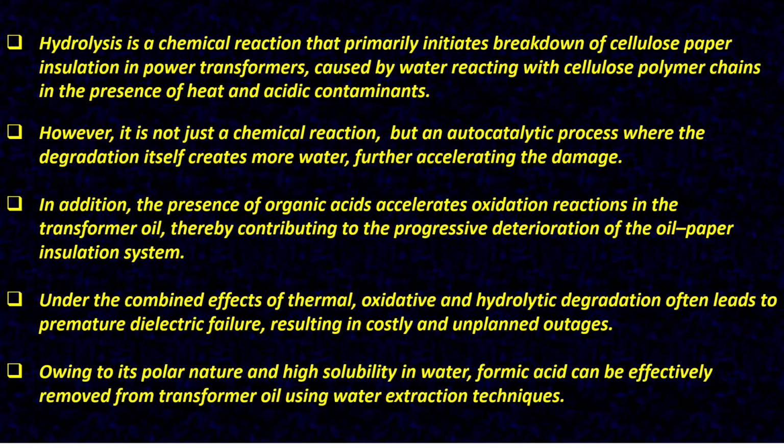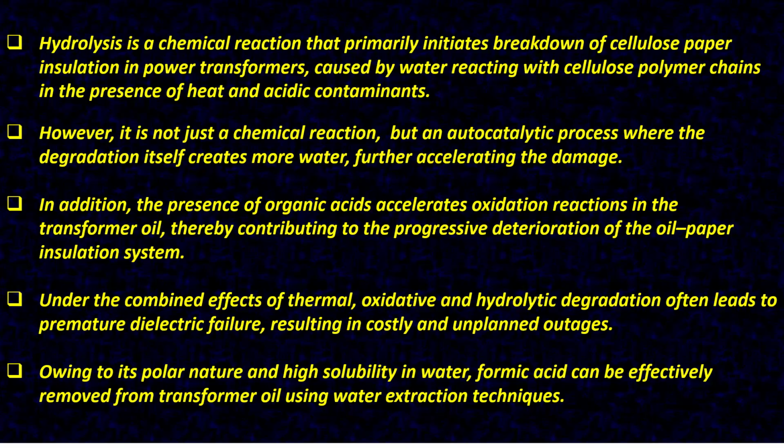Hydrolysis is a chemical reaction that primarily initiates breakdown of cellulose paper insulation in power transformers, caused by water reacting with cellulose polymer chains in the presence of heat and acidic contaminants. However, it is not just a chemical reaction, but an autocatalytic process where the degradation itself creates more water, further accelerating the damage.